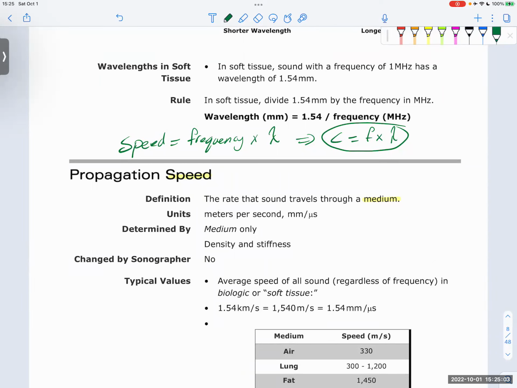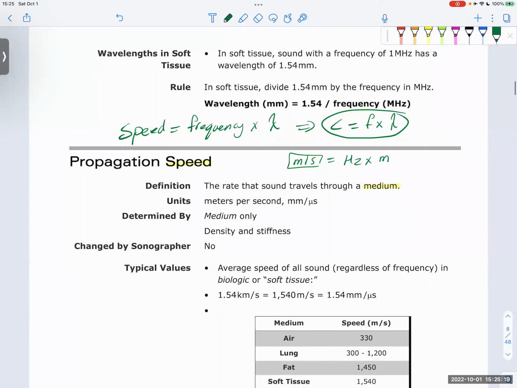So if we use speed in meters per second, we're going to use frequency in hertz, which is 1 per second, times the wavelength in meters. That's very important. The same thing applies if we use speed in millimeters per microsecond, then we're going to use frequency in megahertz, and wavelength will be in millimeters.